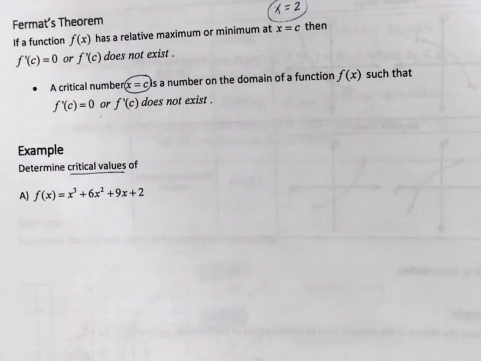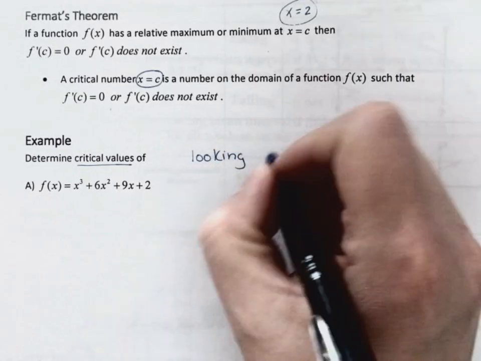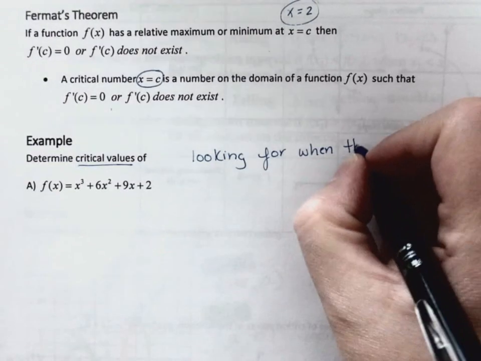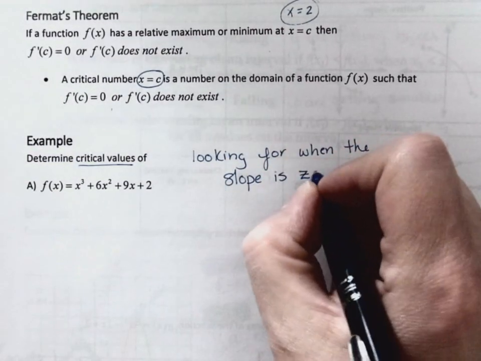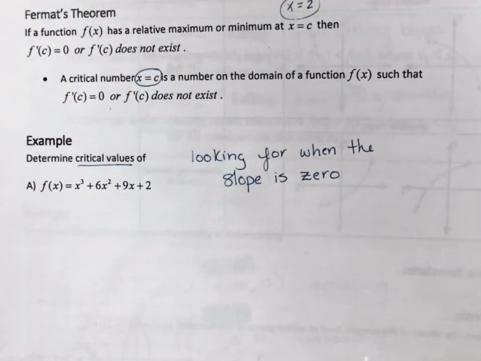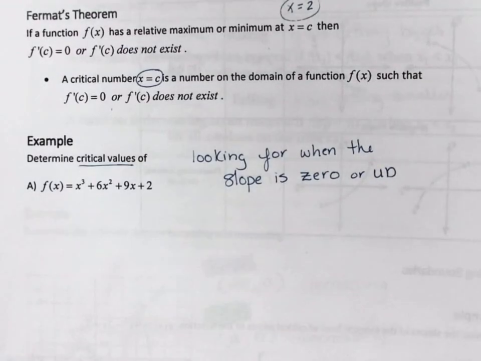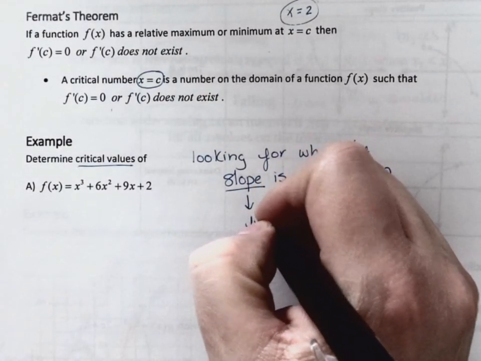So what we're looking for is where the derivative is 0 or undefined, depending on what kind of shape we have on our graph. If we're looking for slope, we know that we're doing the first derivative.